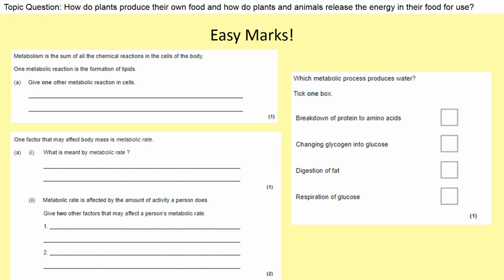Let's have a go at some of those questions then about metabolism and some examples of it.